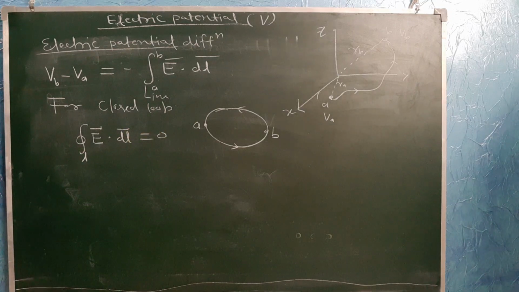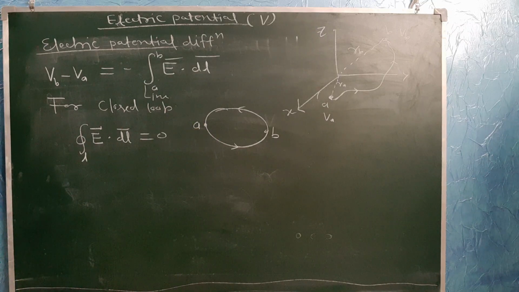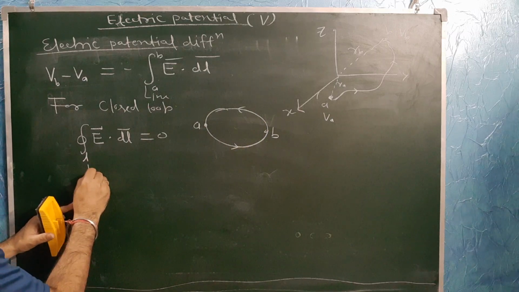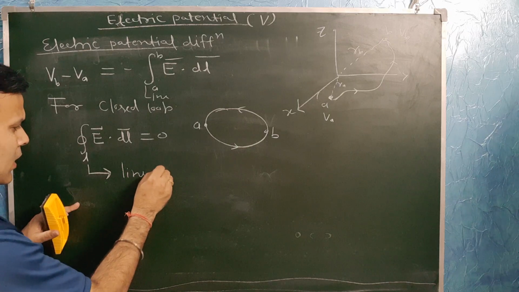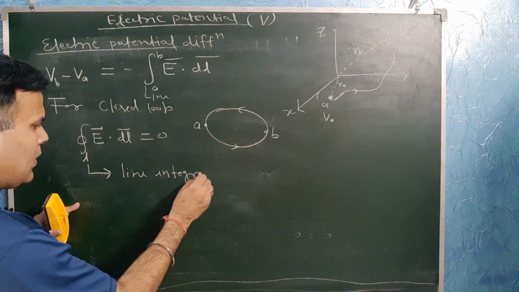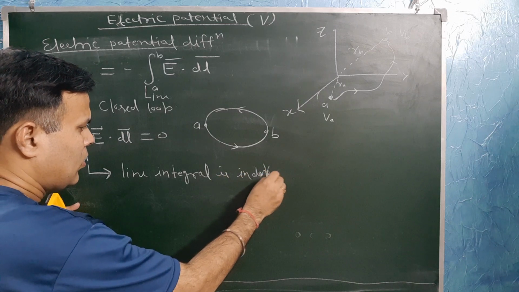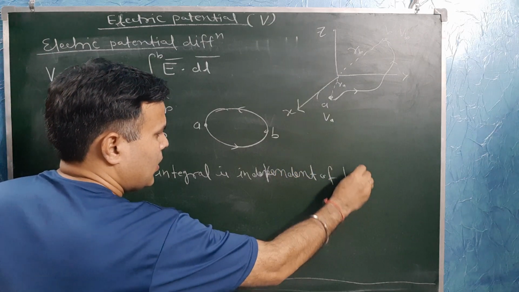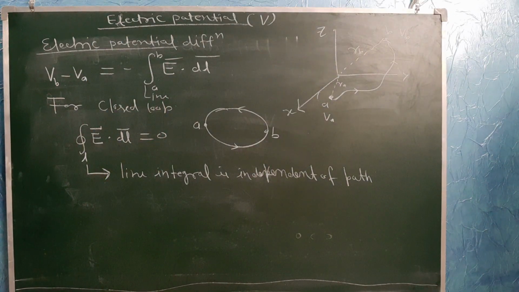So for a closed loop, this E dot dl is 0, which means the line integral is independent of path. This is just information about the electric field lines: the line integral is independent of path, so this is a path independent integral.